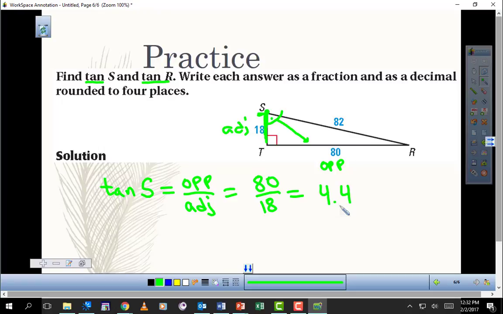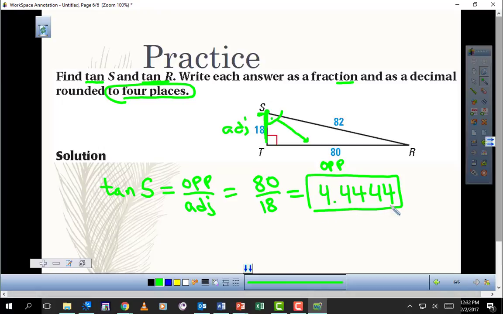They want to write the answer of each fraction and use the decimal to 4 decimal places. So they don't want that. They want to keep going here. 4.4444. Is that the answer we want? Yes, that is. That's 4 decimal places right there. So there's your answer for this one. Make sense? They want to go 4 decimal places and then stop.